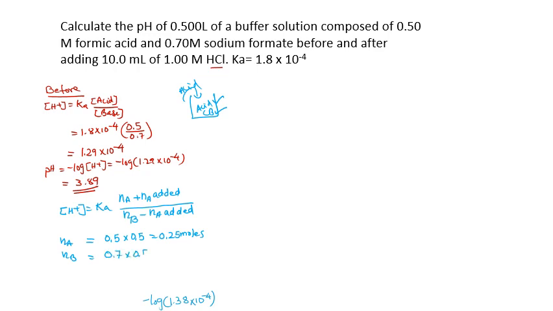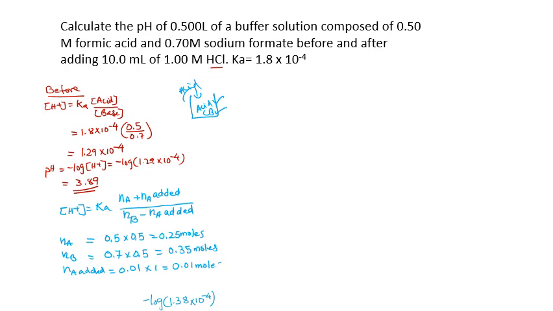Both are the same volume, 0.5 liters. So that equals 0.35 moles. And now I want to calculate the number of moles of acid added. That is our invader. I have 10 milliliters, so I will convert that into liters, divide by 1000, so 0.01 liters times the concentration of 1 molar. So that will equal 0.01 moles.